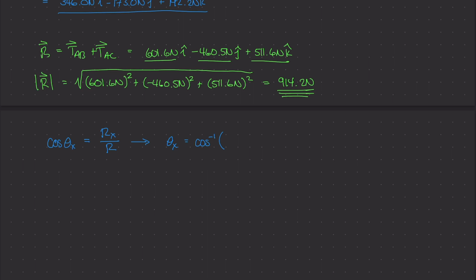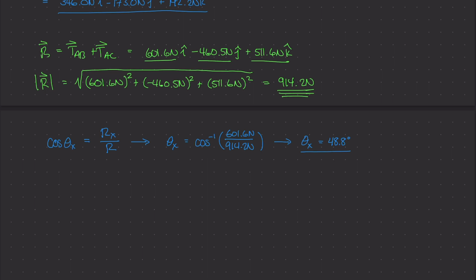Well, what is Rx? It's 601.6 newtons divided by R, which was 914.2 newtons. So if I solve this out, I get a direction angle for theta x to be about 48.8 degrees. Awesome. So that is theta x.